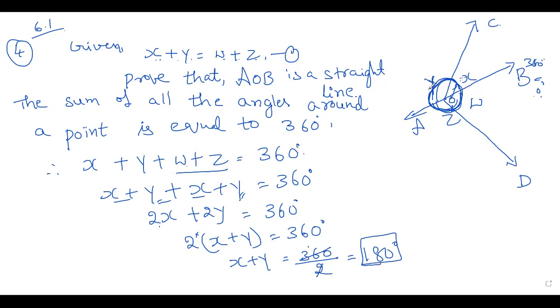The sum of these two angles will be 180, right? If it is 180, what can you say? It is called a linear pair of angles. X plus y is 180 degrees, so we call it a linear pair of angles. So we can say AOB is a straight line.